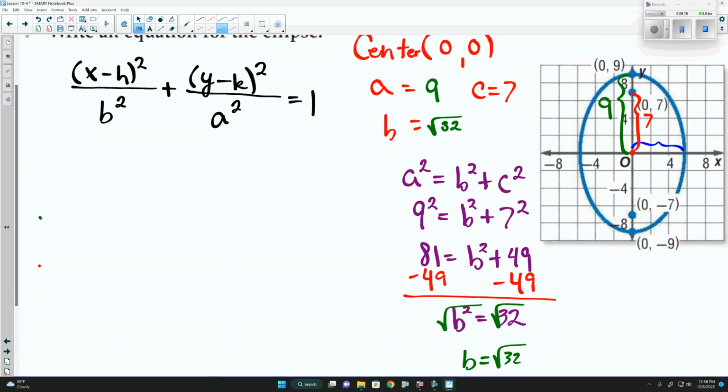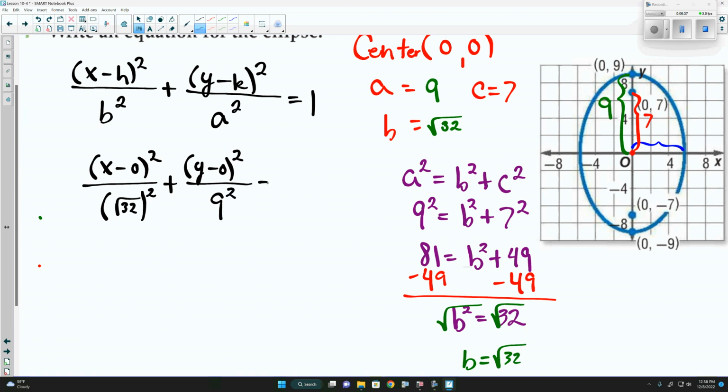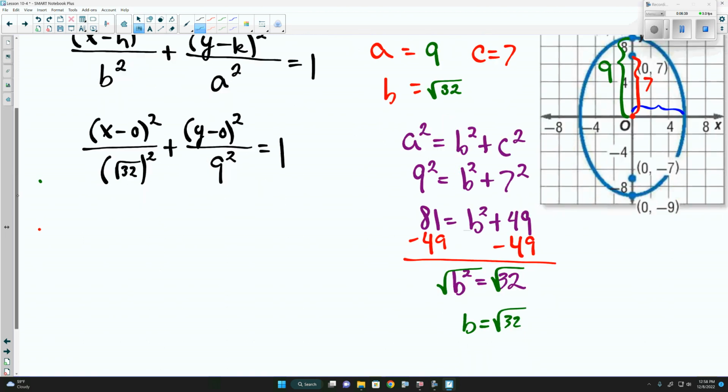Any questions on how we found any of the information so far? Now we just need to plug it in. So we can say x minus 0 squared over the square root of 32 squared plus y minus 0 squared over 9 squared is equal to 1.